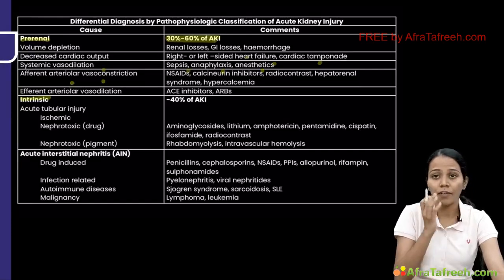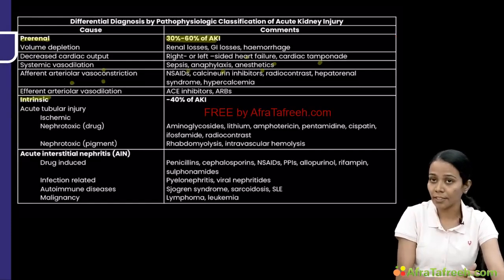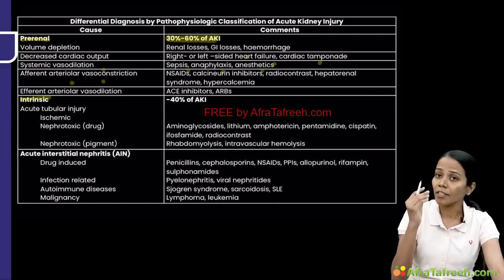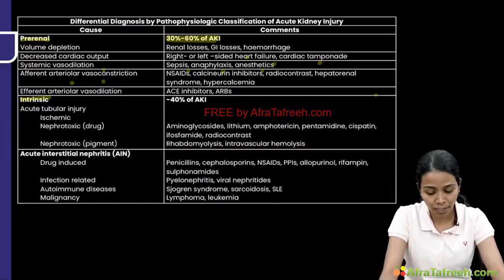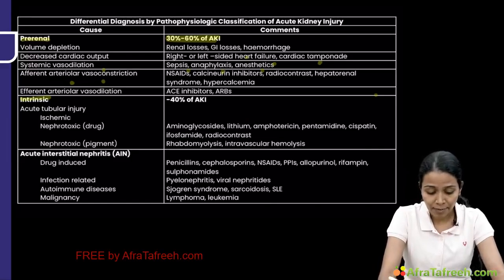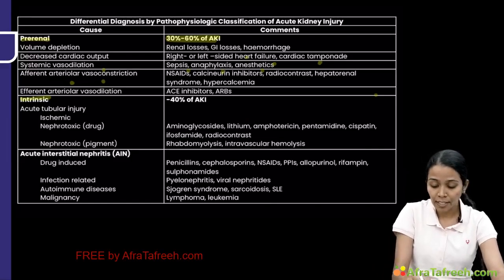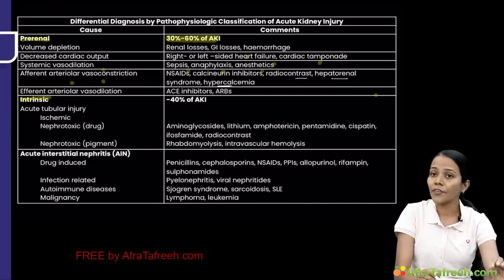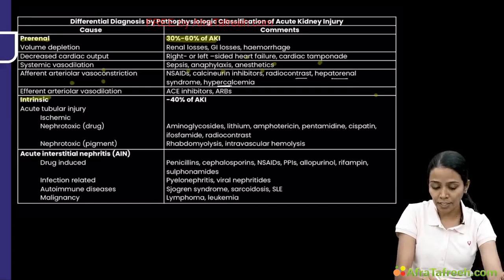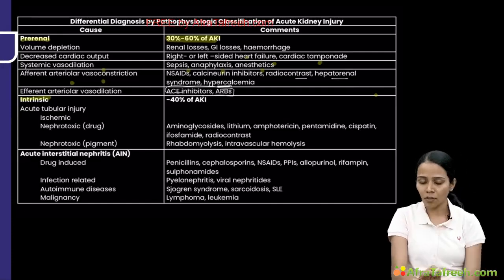Then afferent arteriolar vasoconstriction. This also we have dealt with in detail in the previous chapter, where the afferent arteriole vasoconstricts and the GFR reduces in the kidney. So it can be because of NSAIDs, calcineurin inhibitors, contrast, hepatorenal syndrome, and hypercalcemia. Efferent arteriolar vasodilatation, like in ACE inhibitor or ARB. Okay. So all these are the causes.